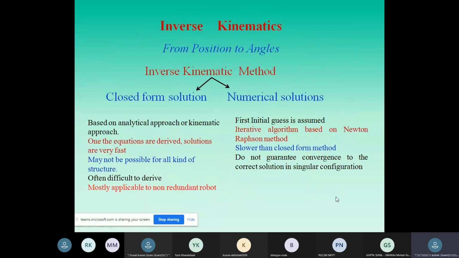What about when you calculate the inverse kinematics? What is inverse kinematics? Anyone? Yes, it means position is given and you have to find the angle. Position is given means x, y and z are given, and you have to find the joint angles theta 1, theta 2, theta 3.